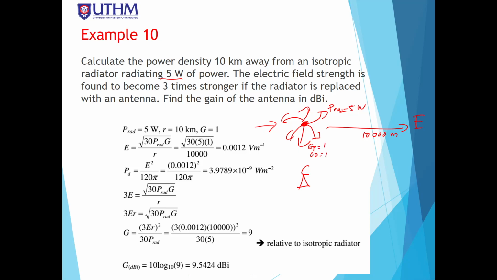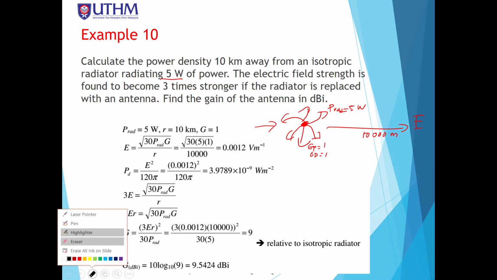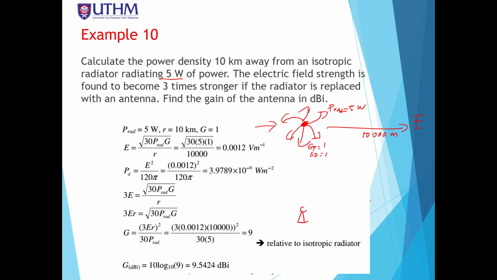I want to erase this one and redraw again. Wait. So the question said that if we use a real antenna, with the same amount of P radiation, at the same distance, 10,000 meter, we're gonna get 3E.